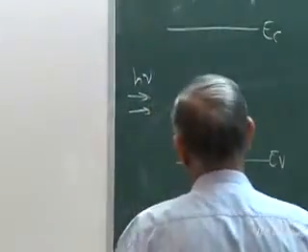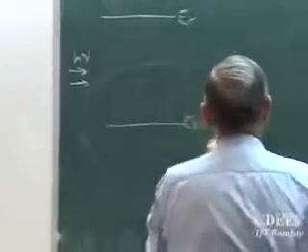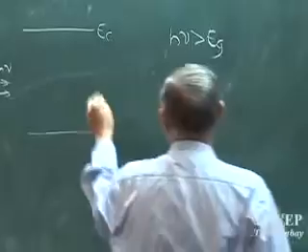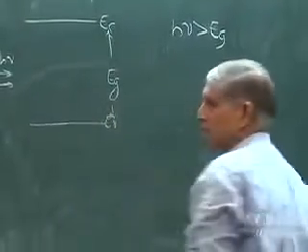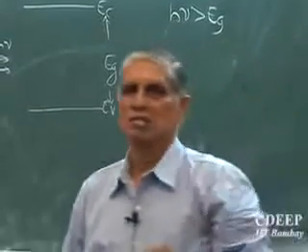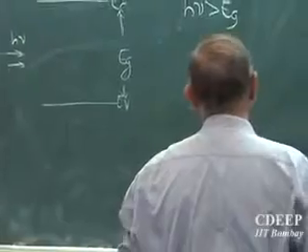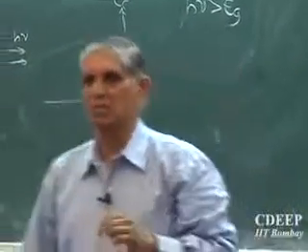For a particular wavelength, whatever this light has, I take the first case and say this h nu is greater than Eg, the bandgap. We would like to see what happens if h nu is larger than Eg.